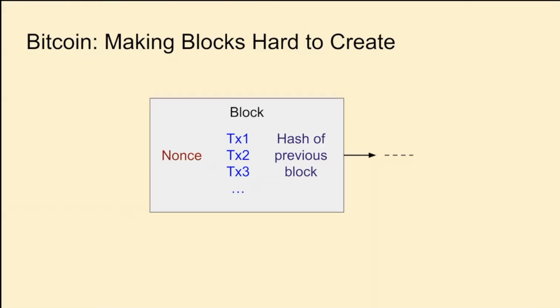It's a number that ordinary people would think is a very, very large number. Cryptographers would actually think it's a very small number. But it's a large enough number that even with powerful computers, it's going to take on the order of several minutes to find a workable nonce.